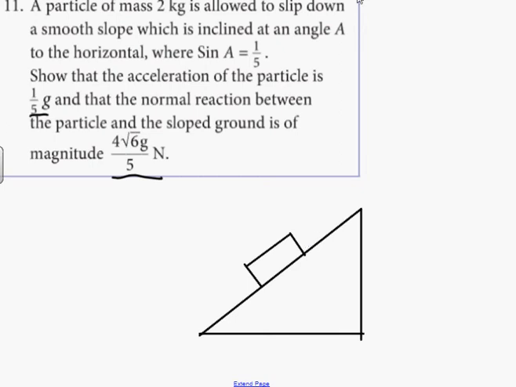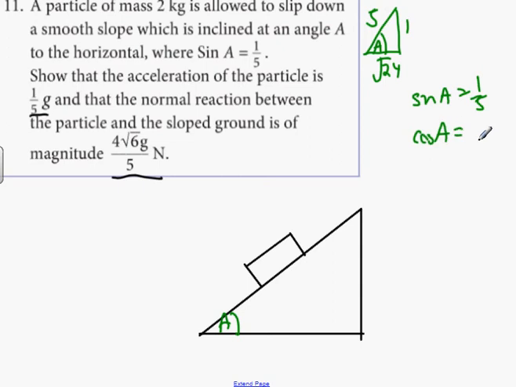So what you're going to have to do next is, angle A is the slope, so we're going to say that this angle A is opposite over hypotenuse, 1 over 5. So it's 25 minus 1 squared is 24. It's going to be root 24 for A. So we have sine A equals 1/5, and cos A is going to equal root 24 over 5.